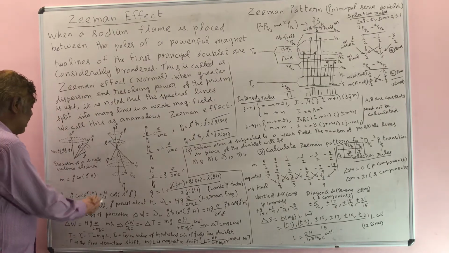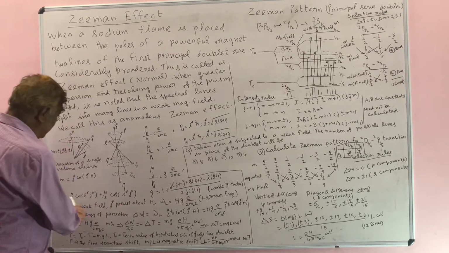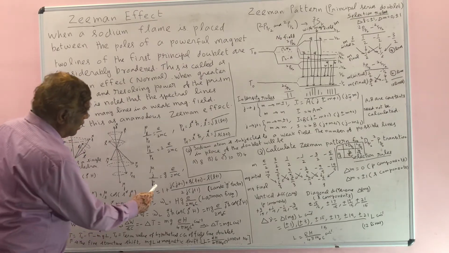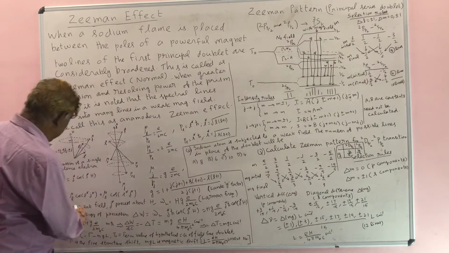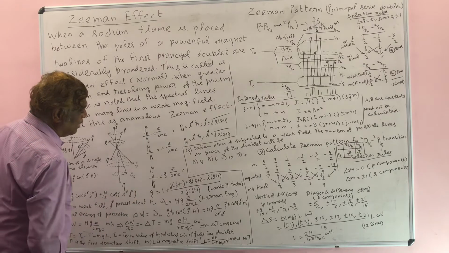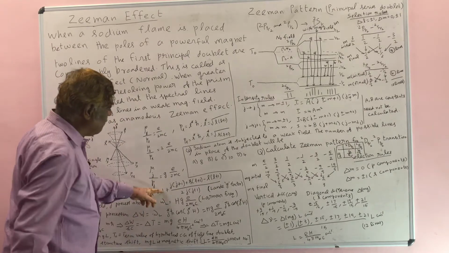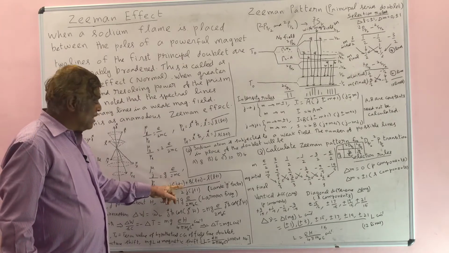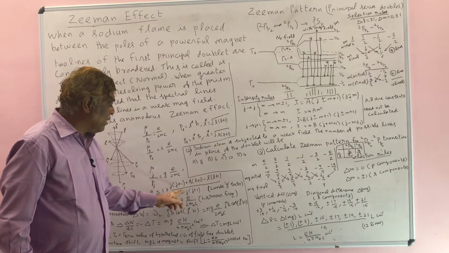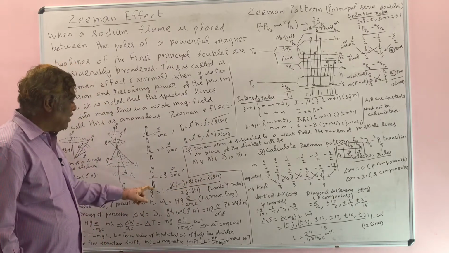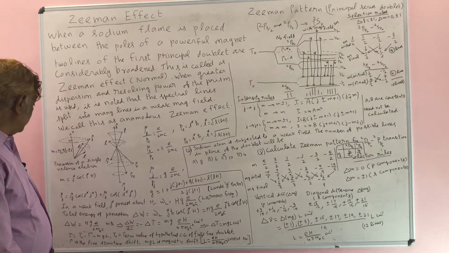Using this technique, you substitute all these values, you can calculate mu J, and from this you can get the value of G by comparing this expression with this expression. G is found to be 1 plus [J(J+1) + S(S+1) - L(L+1)] divided by 2J(J+1), and this G is called the Landé g factor.